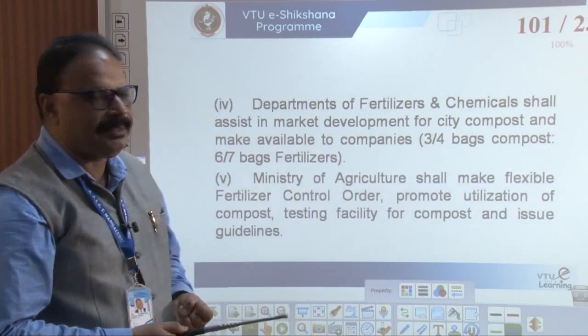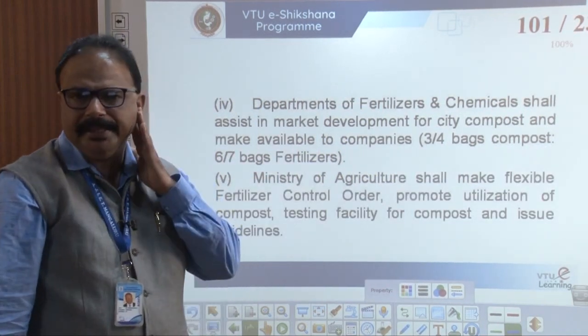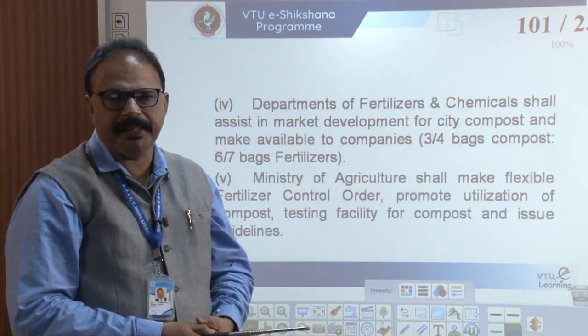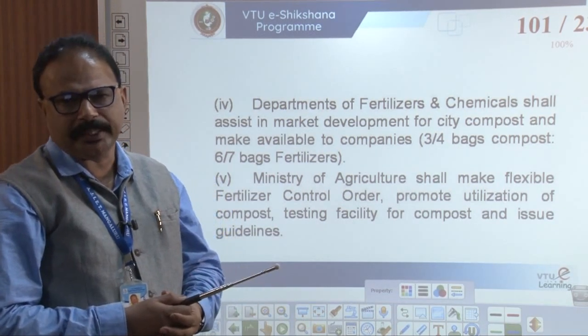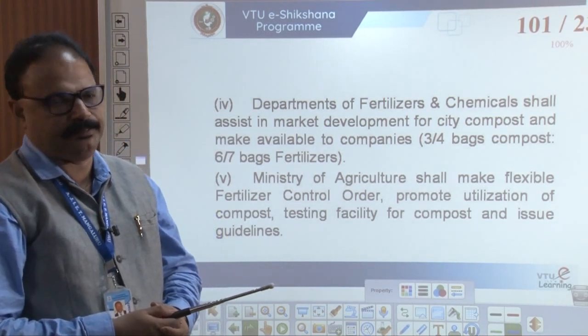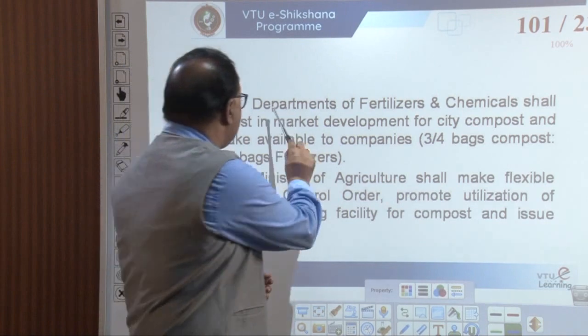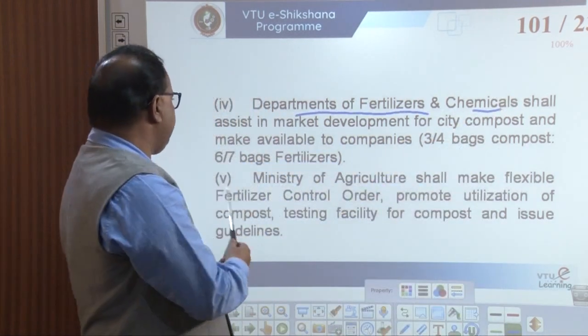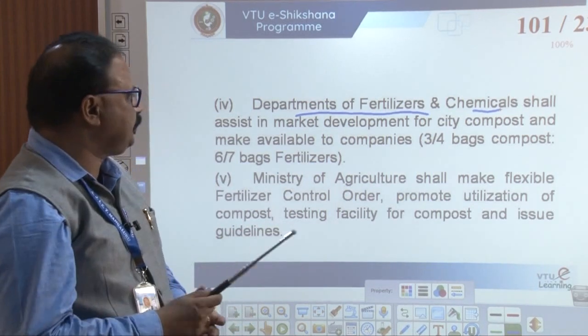The Department of Fertilizers and Chemicals shall assist the market development of city compost and make it available through companies, with a 3x4 bag of compost for 6x bag of fertilizer. They assist the market development of city compost.